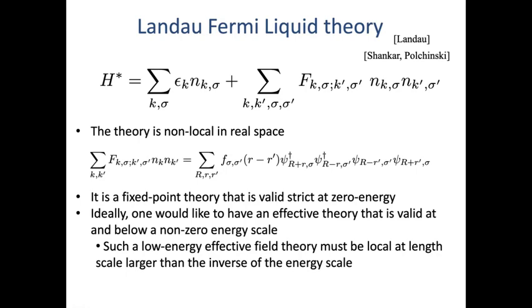So this Landau Fermi liquid theory captures that. You have the quadratic term, but also you have a two-body interaction. But the two-body interaction is such that these quasi-particles interact, but in a way they don't exchange momentum, right?